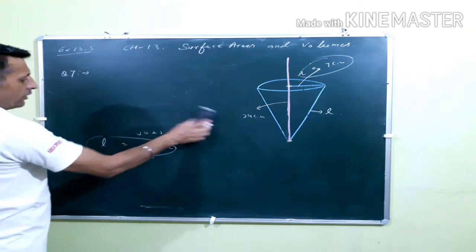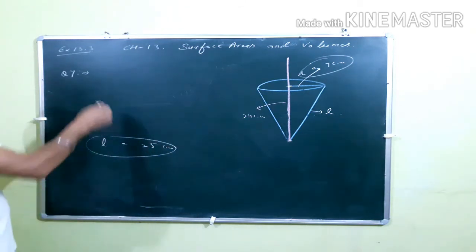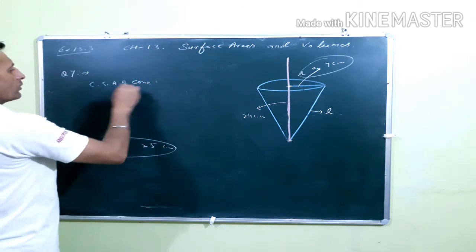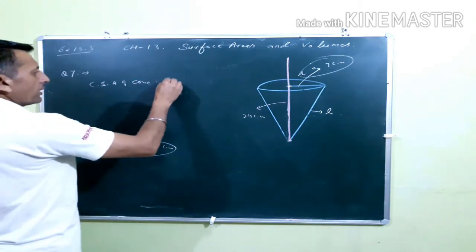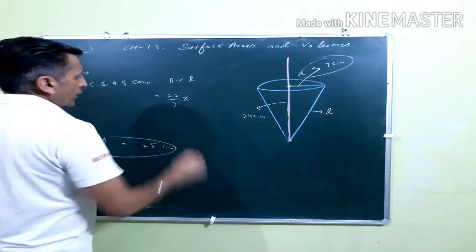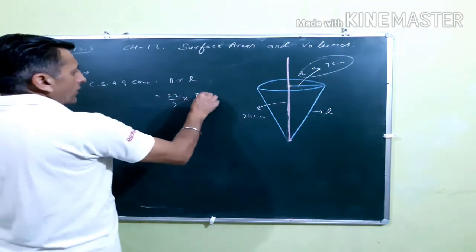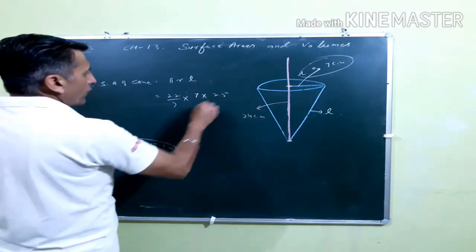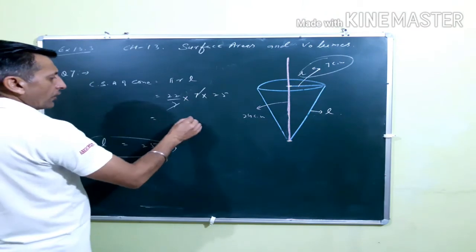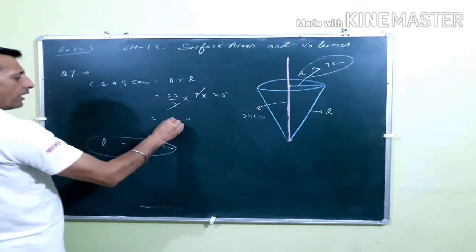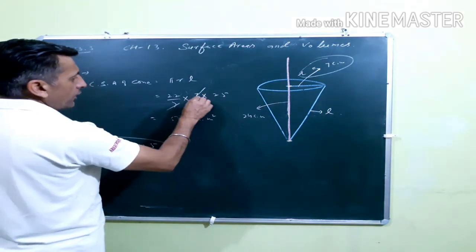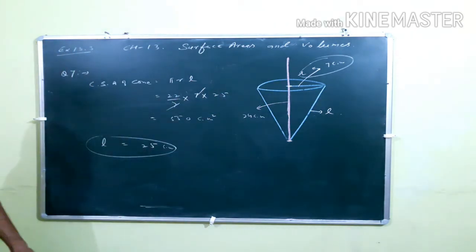The curved surface area of a cone is equal to pi R L. Pi is 22 by 7, into R which is 7, into L which is 25. 7 and 7 cancel. Now we multiply 22 by 25, which is 550, and the units are centimeter square.